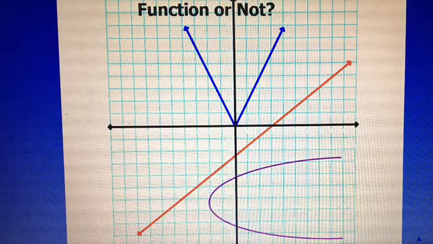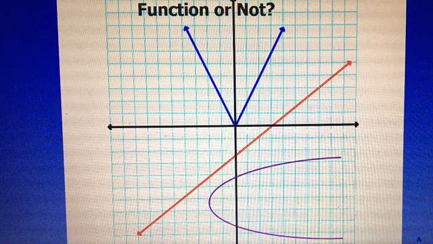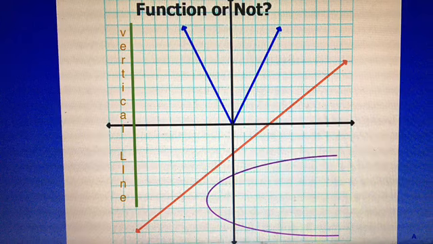I graphed three different situations on this same coordinate plane. Can you use the vertical line test to see if any of these are functions? I am going to use that green line as my vertical line for my test to determine whether the graphs are functions or not. I am going to sweep it from the left to the right.